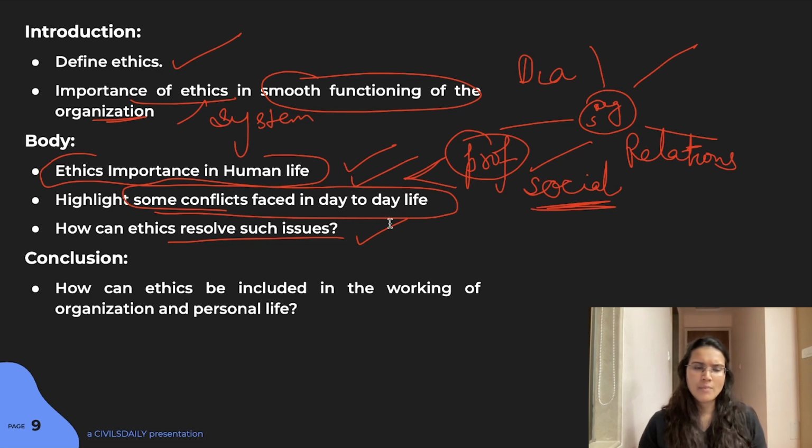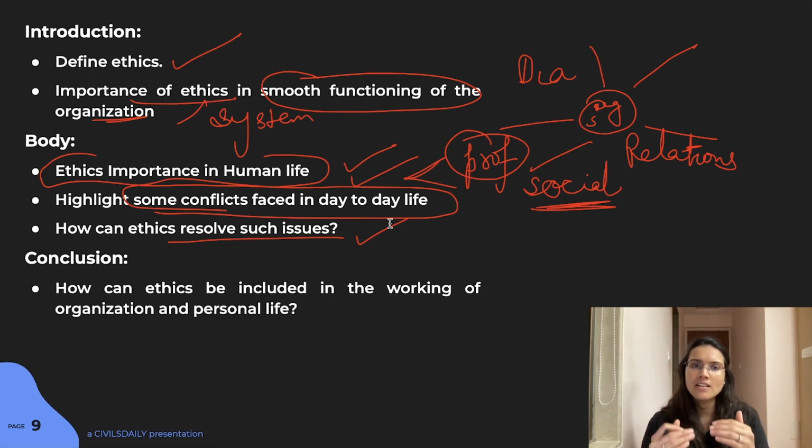It's not making a huge difference, but there are other eligible people, other college students, who are also applying. So you are caught between sticking to your professional duty and a personal relationship. Ethics helps you prioritize your values.